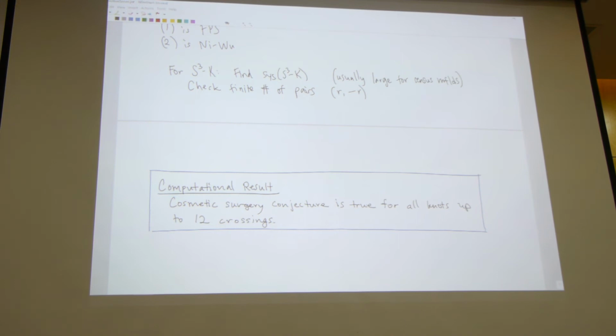Here it's a computational result: the cosmetic surgery conjecture is true for all knots up to 12 crossings. So by making these lengths effective, we're able to turn this into a computational problem and run it through and get some results. So 12 down, just a few more to go, and then the conjecture will be proven. Right?